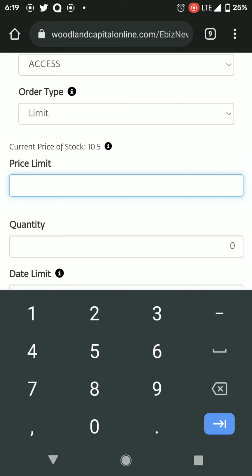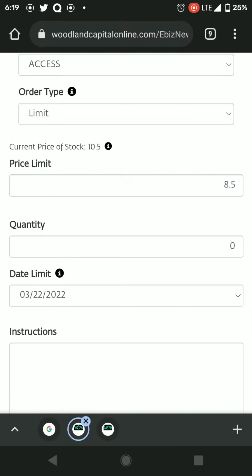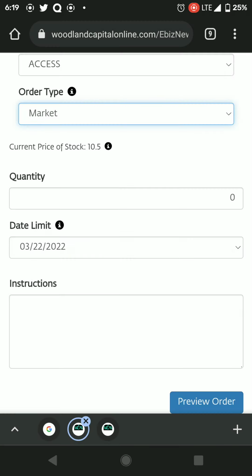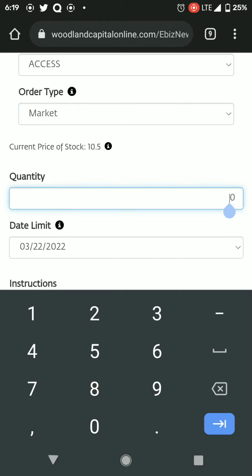Make sure you clear it, and then you type your limit price. But I'm not trying to do that here. So you take your decision. As soon as you do that, you set your quantity. Set your quantity. You can set any quantity limit you have to buy.